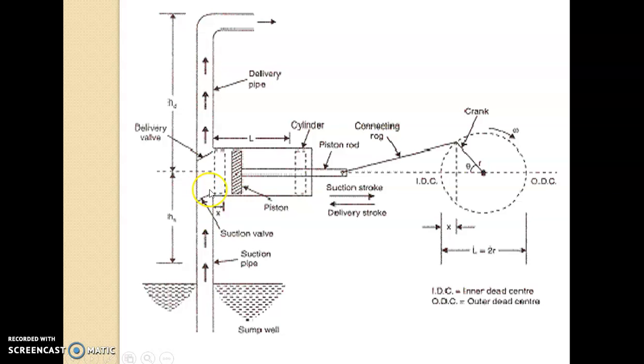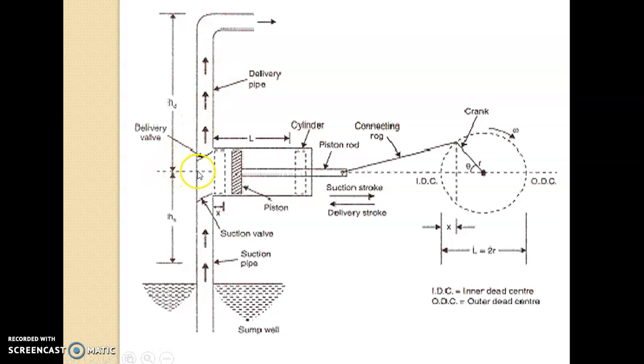Here we can see that this is our suction pipe, the pipe which is used to carry the water from the sump to the pump, and the delivery pipe, which is used to carry the liquid from the pump to wherever it is required.